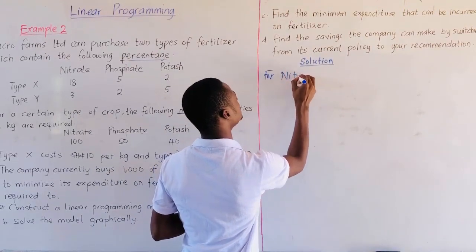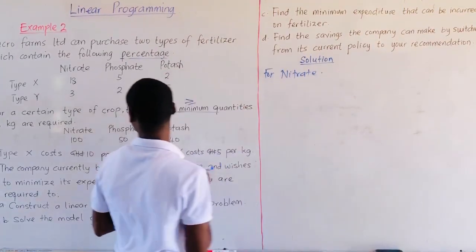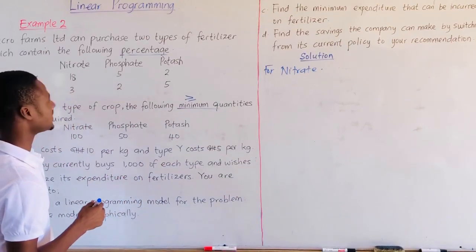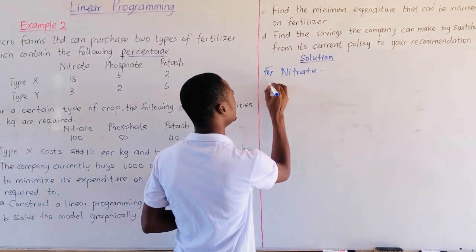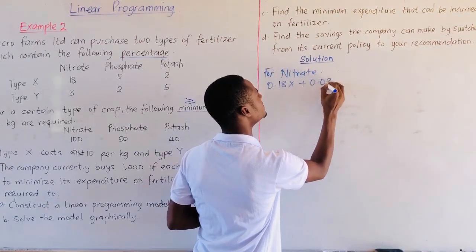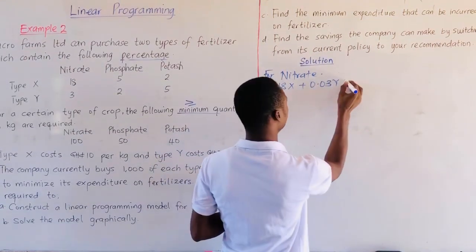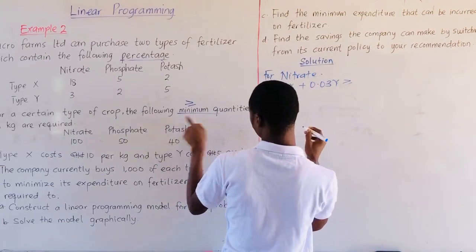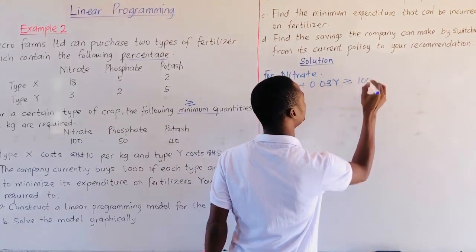For nitrates, we have 18% in type X and 3% in type Y. 18% is 0.18 and 3% is 0.03. And that should be greater than or equal to a minimum of 100.